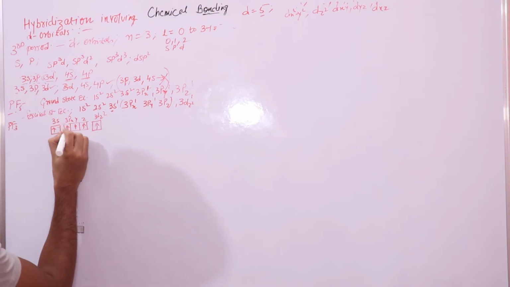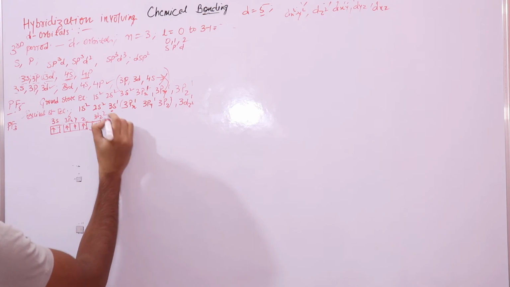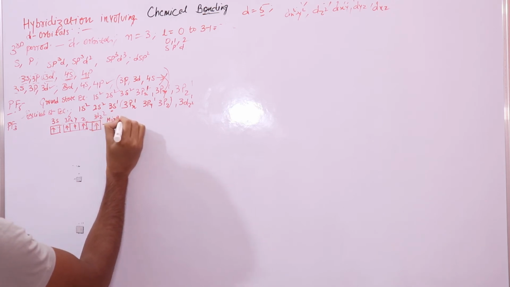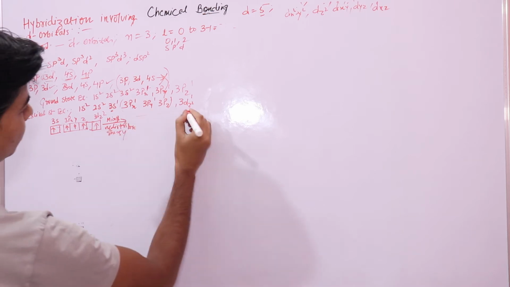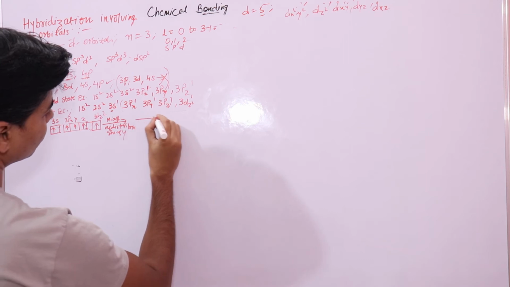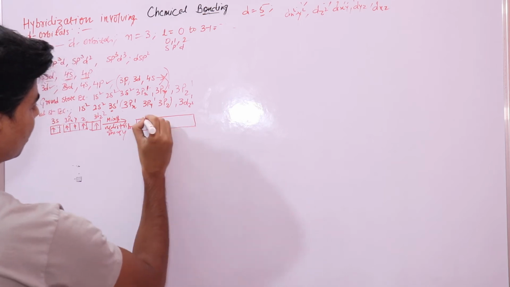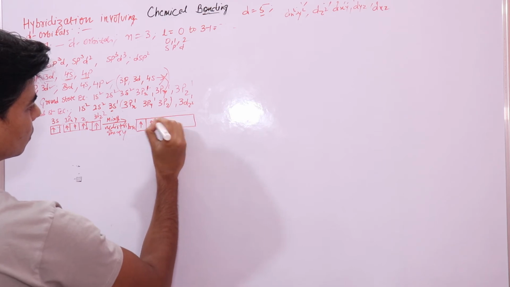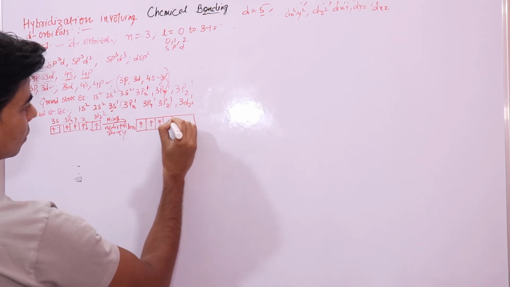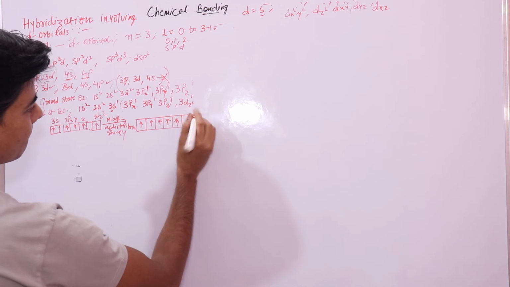So all these will undergo hybridization, that is, they will mix and redistribute energy, and they will form a set of 5 orbitals.